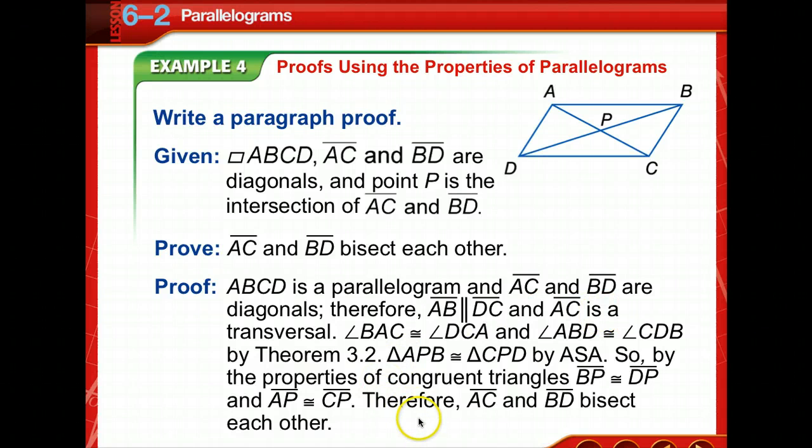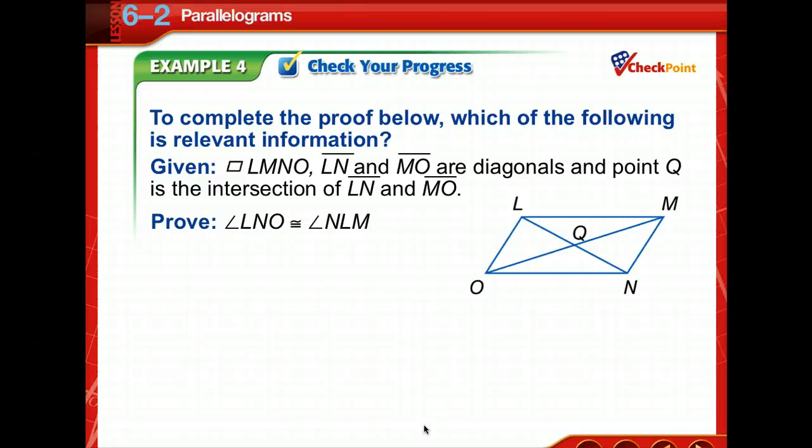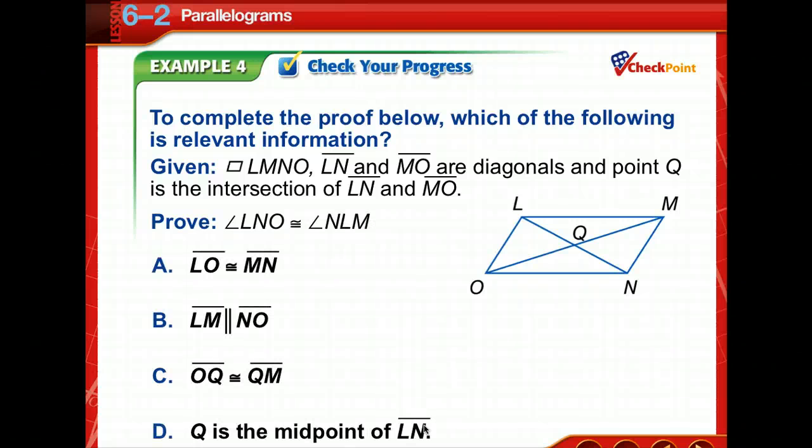Okay, so I'm going to let you pause for a moment and read through the rest of this, and then we'll move forward. So, from the notes you took last time, which of the following is relevant information that you're going to need in order to prove that angle LNO is congruent to angle NLM?